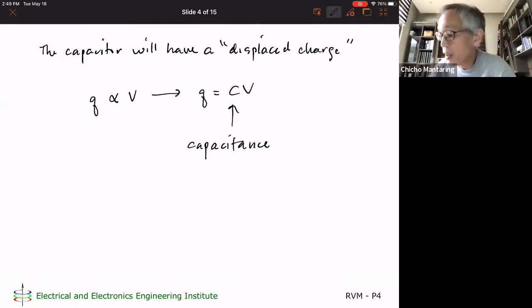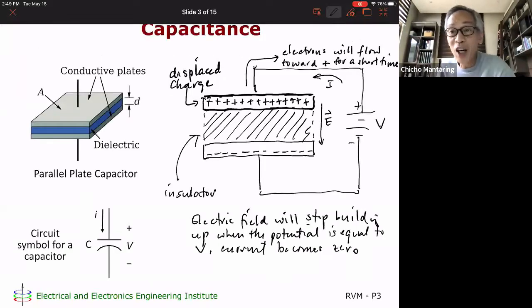Okay. So, does the capacitor store charge? That's a nice question. Everybody says yes, it stores charge. But there is no actual charge from the current that is being stored here. What happens is, because a current flowed momentarily, you have charges that are displaced. This ends up being positive and this ends up being negative. But if you take a look at the totality of the capacitor, the total charge is still zero.